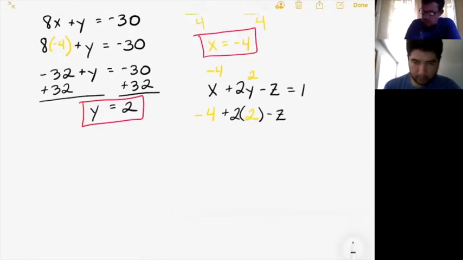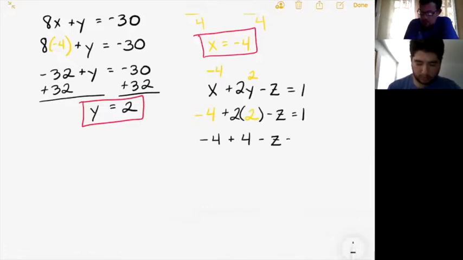Minus z equals 1. Okay, so 2 times 2 is 4. So I'm going to do -4 plus 4 minus z equals 1.